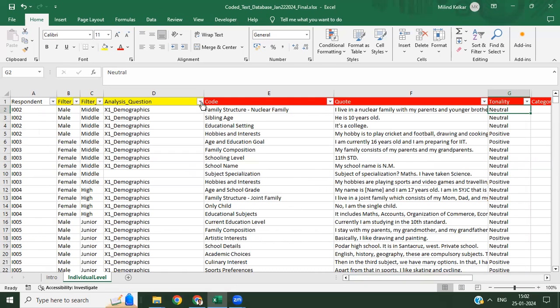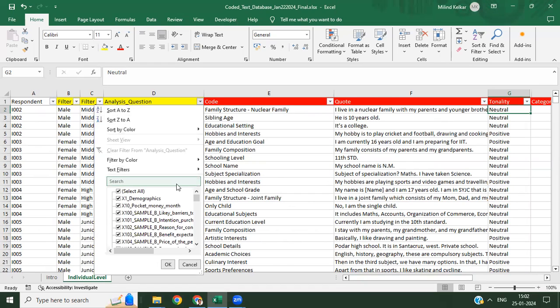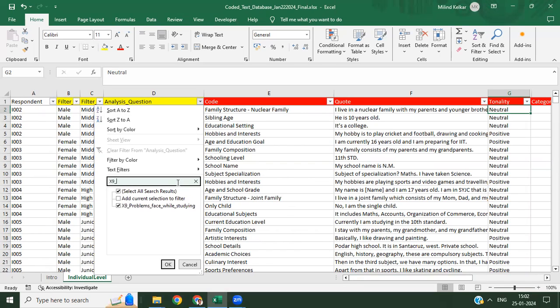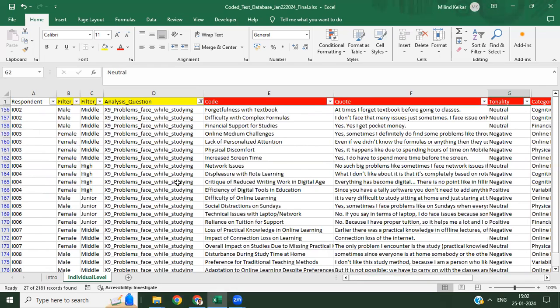So let's take an example where you are trying to analyze the question: what are the problems faced by students while studying? You have used the auto filter option of Excel to select only those responses for which students have spoken about problems, issues they face while studying, across all the respondents with all the corresponding verbatims.